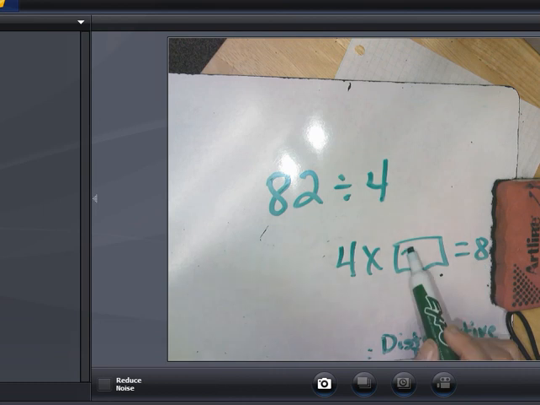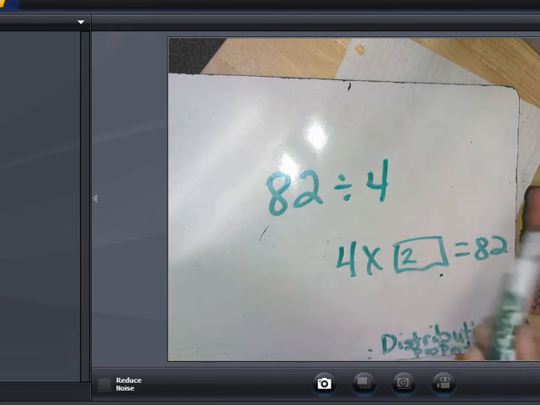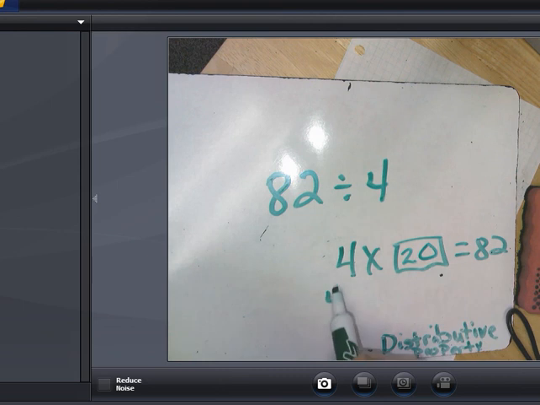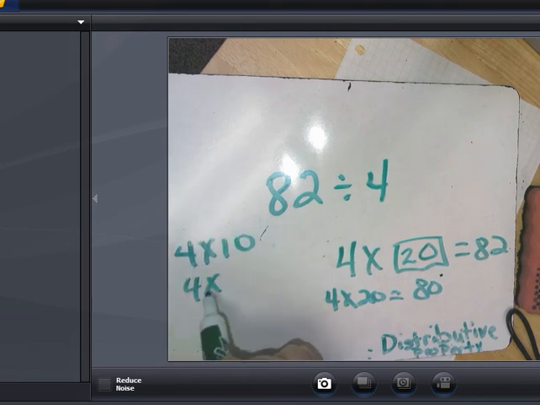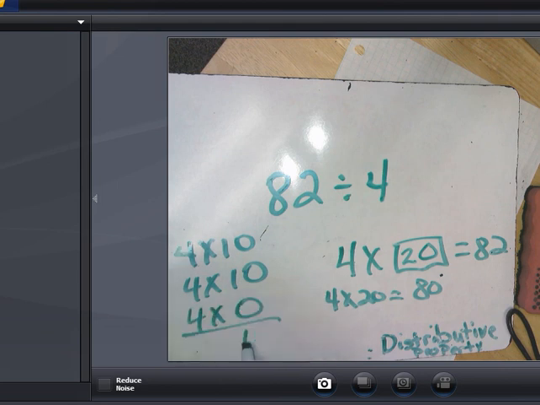Well, it goes in there 2 times. Then I put my 0 there. That will get me there a whole lot faster than if I just do 4 times 10, 4 times 10, 4 times 0, 40 with a remainder of 2, because I can't do that evenly when I just picked one.